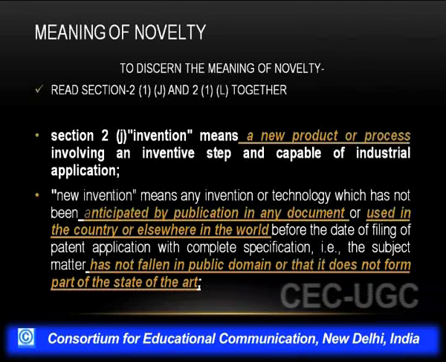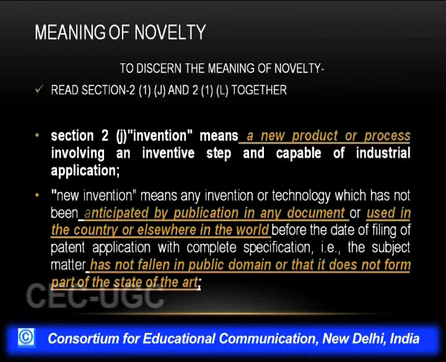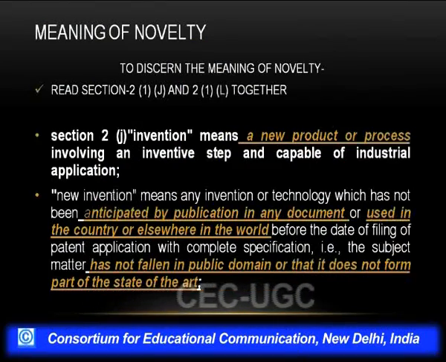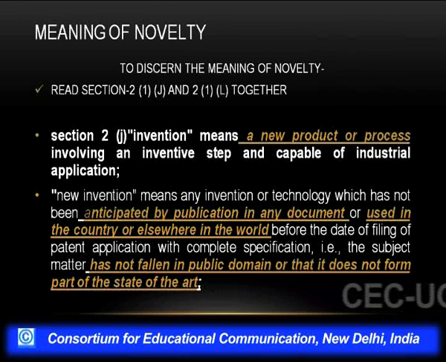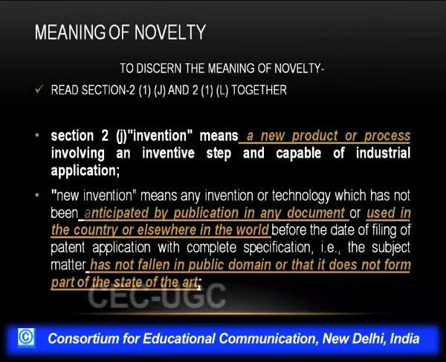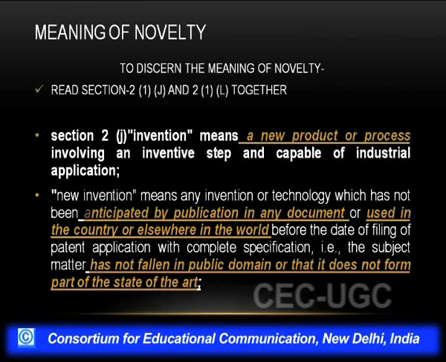And as I mentioned, the combined reading of these two provisions shown on the slide, 2(1)(j) and 2(1)(l), gives a fair idea that the product or process which is the subject matter of the patent has to be new first of all, and new here means, as per 2(1)(l), something which has not been anticipated by publication in any document, which is not in use in the country India or elsewhere in the world.